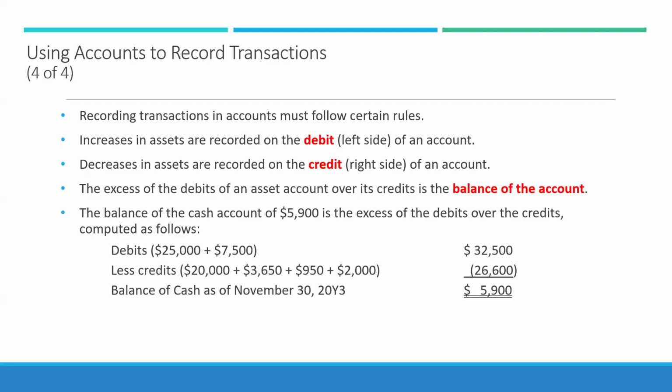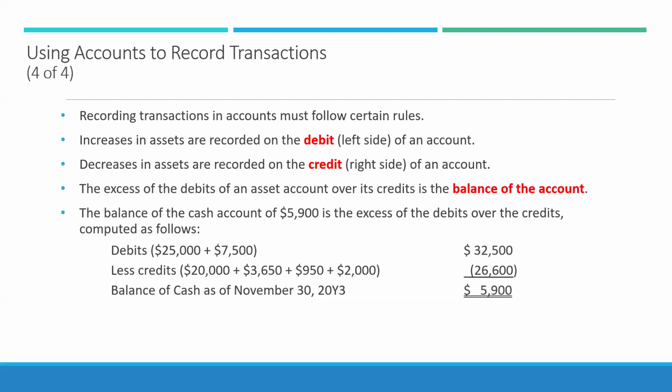So when we think of a T account, guys, think of it this way. Since assets are on the left side of the equation, to increase assets, we're going to use this side, which we call the debit side. Does that make sense? Since assets are over here, when we use a T account to increase them, we're going to put it over here because the assets are over here on the left-hand side of the equation.